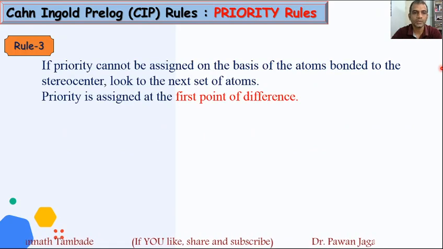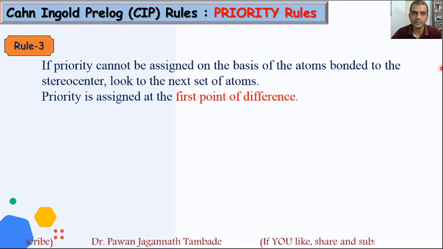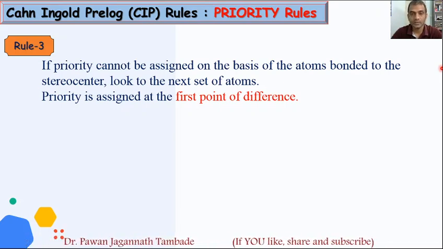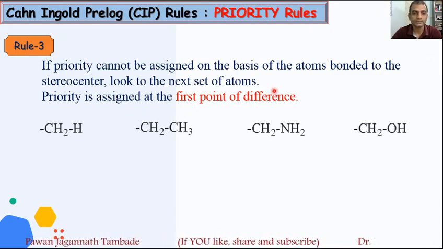Third rule, if priority cannot be assigned on the basis of atoms which are directly bonded to the stereocenter, then look to the next set of atoms and priority is assigned at the first point of difference. So what does this mean? If you look at this example, you will understand what this rule means.